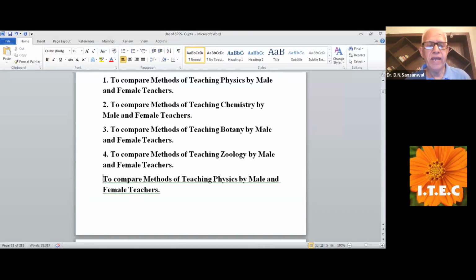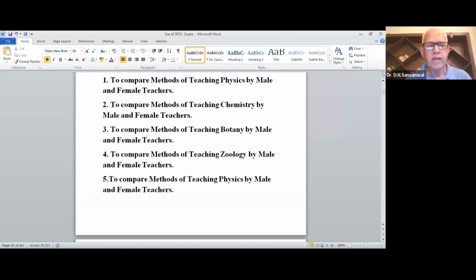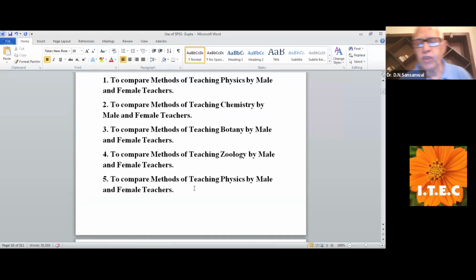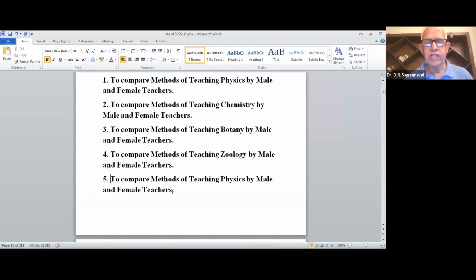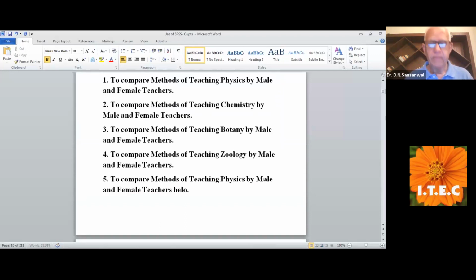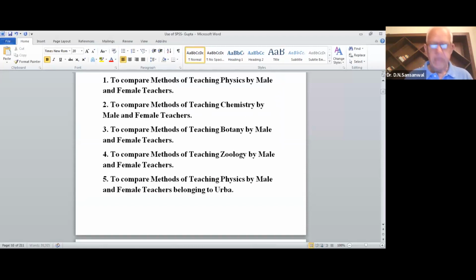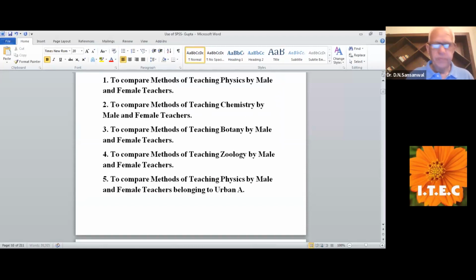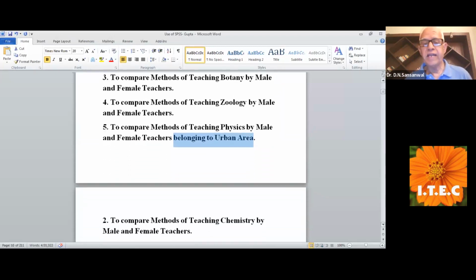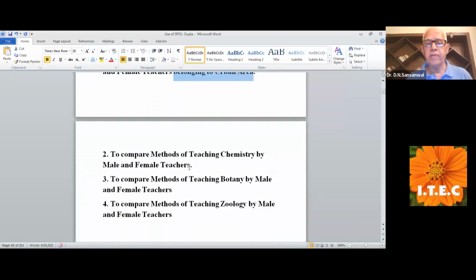I may have another one: to compare methods of teaching physics by male and female teachers belonging to urban area. Then this I can say belonging to urban area.